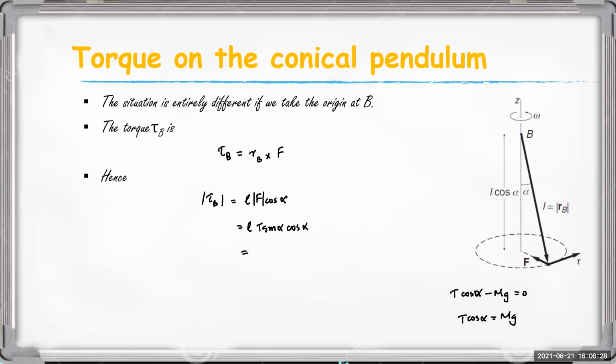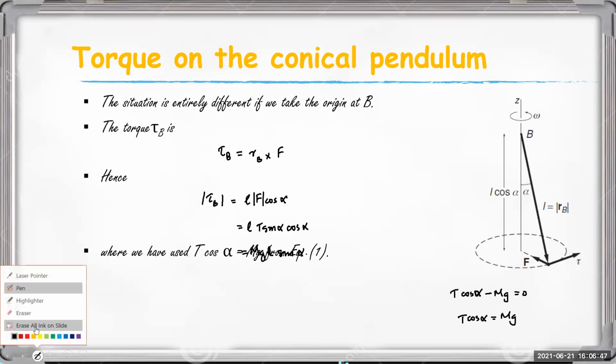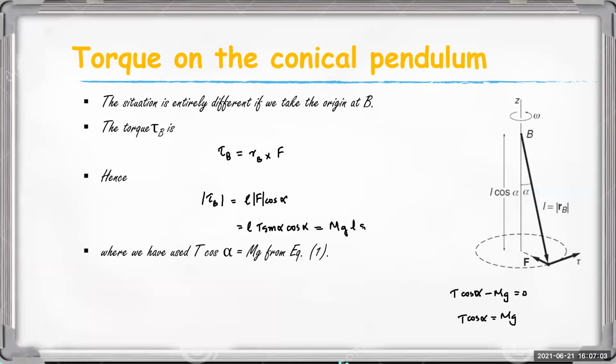So we write T cos alpha is equal to mg, then it is equal to mgL sin alpha.